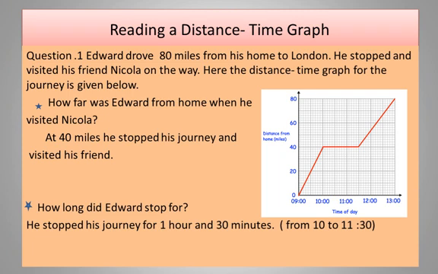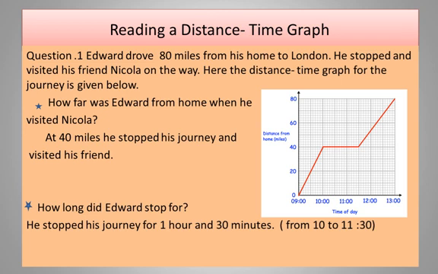Reading a distance time graph. The distance time graph will be given, and you have to answer the questions given below. So we will discuss another example for the distance time graph. I will read the question here. Edward drove 80 miles from his home to London. He stopped and visited his friend Nicola on the way.